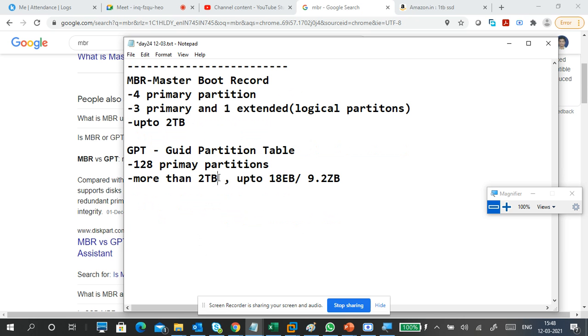So it's more than 2 terabytes, because we don't see any zettabyte disks; we have only seen terabyte disks. If you take a 4 terabyte disk, you can verify it.